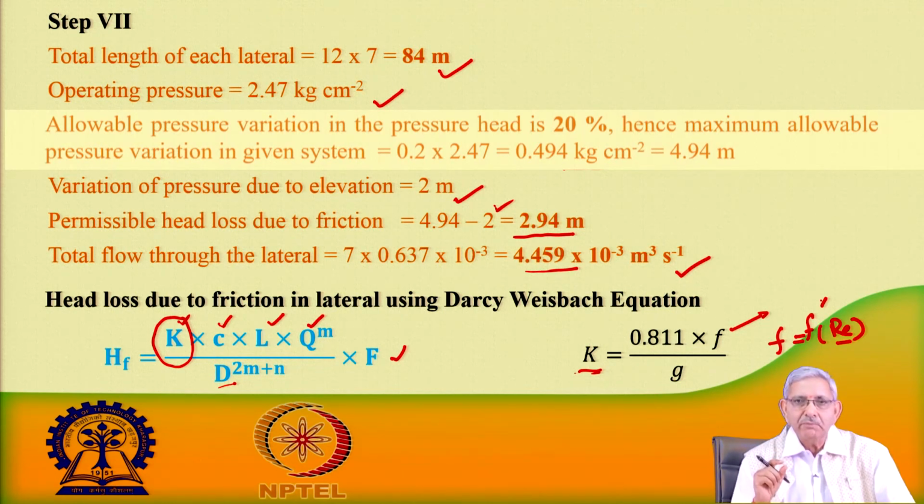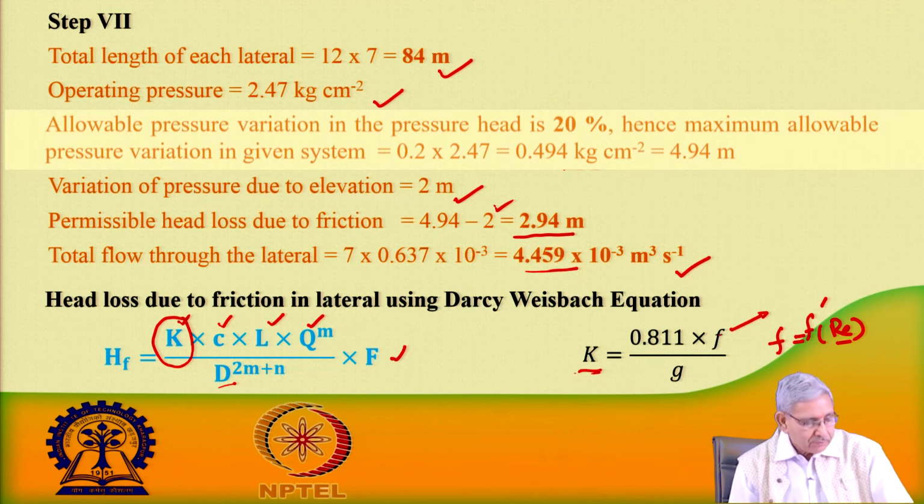The Reynolds number is estimated by rho V d by mu. So we should know the viscosity of the fluid, the diameter through which the water will be flowing, and the velocity of flow, dynamic viscosity and diameter of the pipeline.